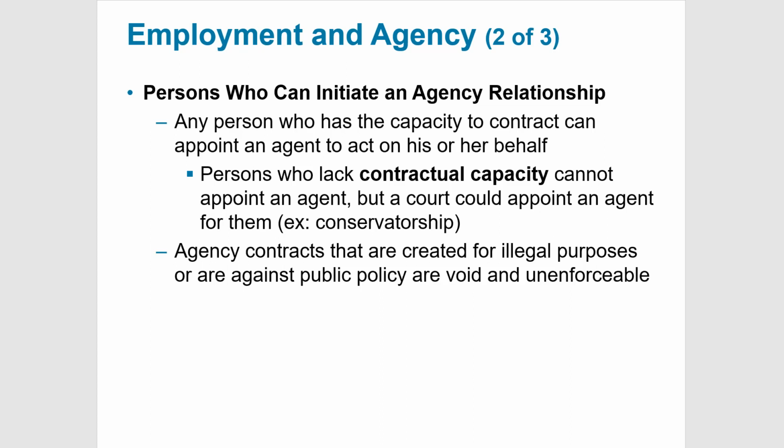She was declared to lack contractual capacity and was placed into conservatorship, where her father was appointed as her agent to make all the decisions for her. She recently got a court to remove that conservatorship and allow her to make her own decisions. So I guess we'll see what happened. But this can also happen with older people who are just declared mentally incompetent to manage their own affairs anymore. So, it can happen.